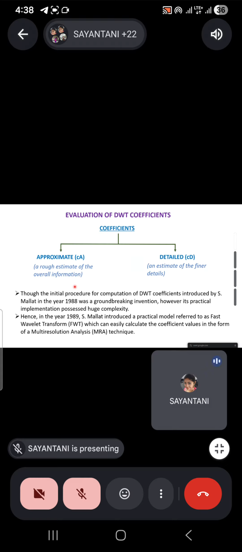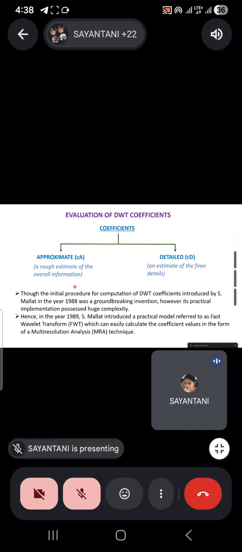In a particular signal, in a similar way, I can capture the average information of the signal. That is called the approximate coefficient. I can also capture the abrupt changes in details, like if there is a sharp drift or a large abrupt change. All these finer changes can also be captured by this analysis, which is referred to as the detailed coefficients.